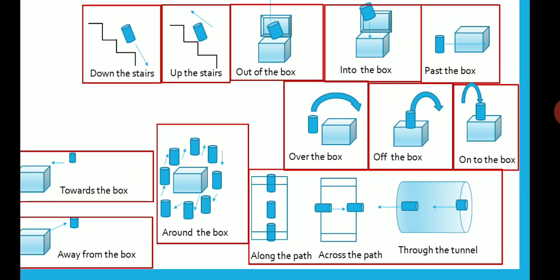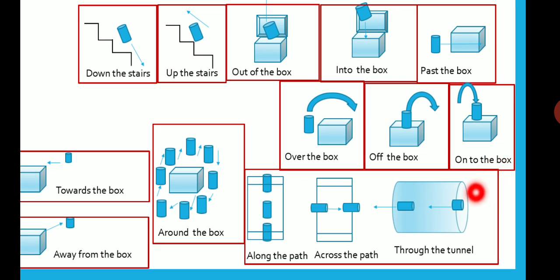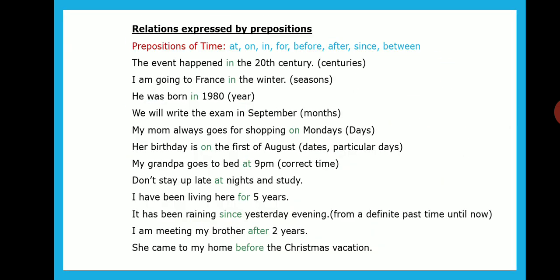It is not along but across, opposite direction. Then you have a tunnel here. I have drawn a tunnel and it is going from one end to the other end. So which preposition do you use here? You use the preposition through the tunnel.